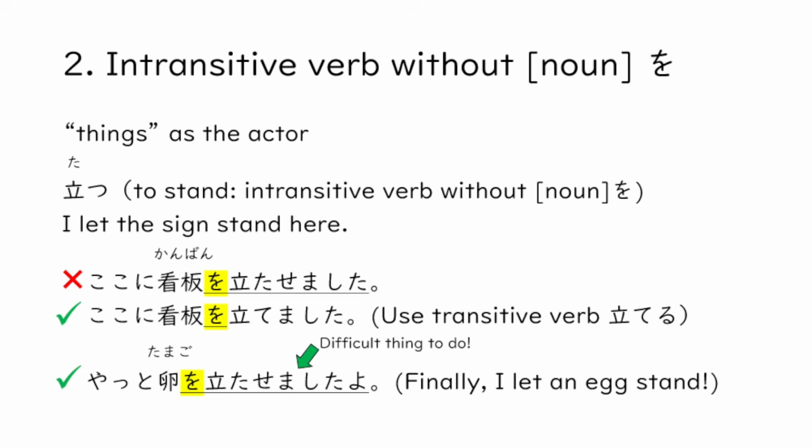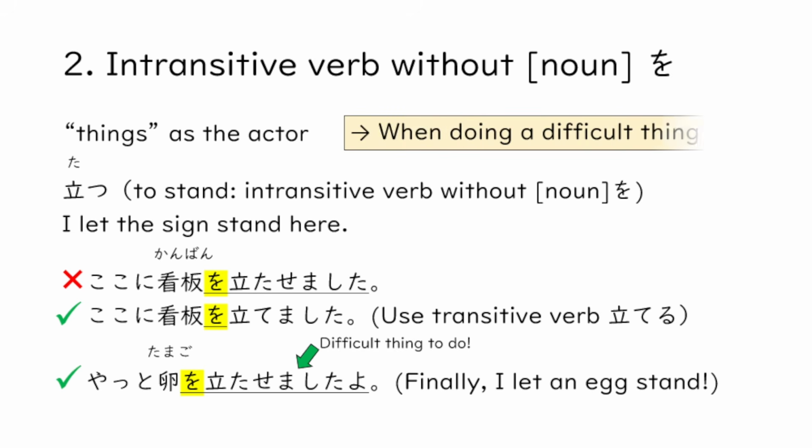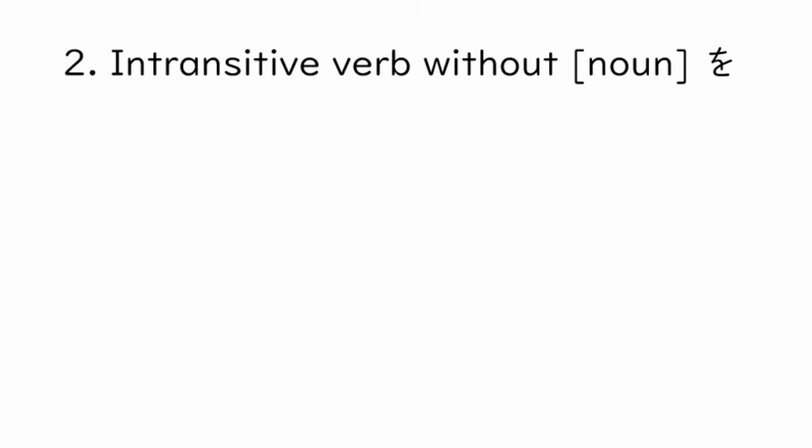Making a sign stand doesn't require much effort, but making an egg stand is not an easy task. So, making something do something difficult, you can use the causative form. And there's actually some more important rules about using the causative form with things. Let's take a look at that next.